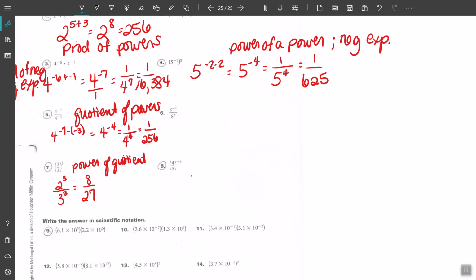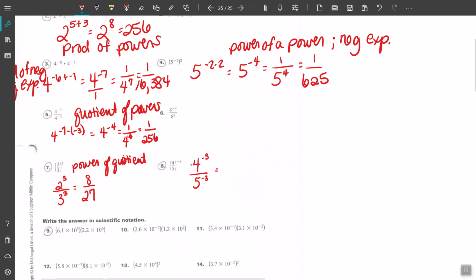We're going to use that same property again in number 8. Now we have a negative exponent, but the same rules apply. It's a little trickier, but not the initial step. We're going to apply the power of a quotient by raising the numerator and the denominator to the -3rd power. But now when we want to simplify this, we need to switch their places.